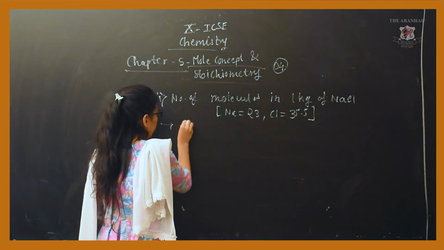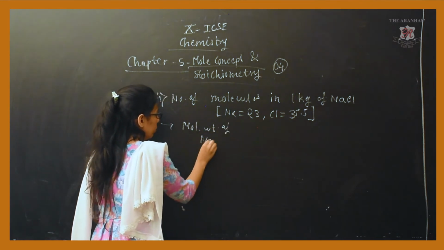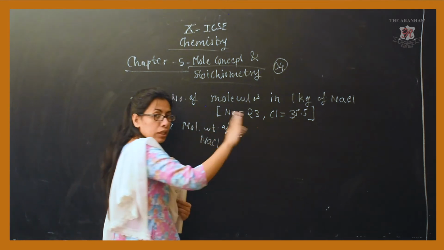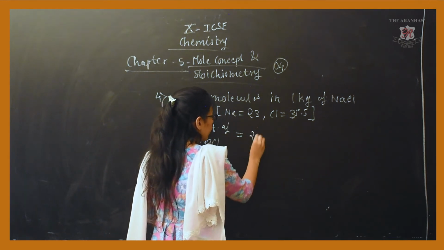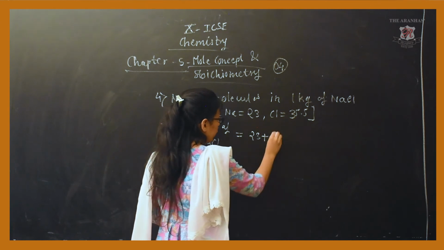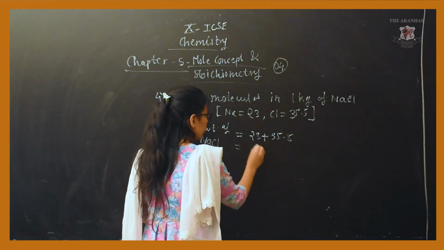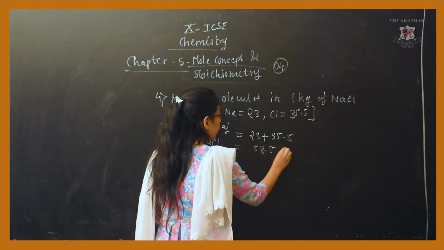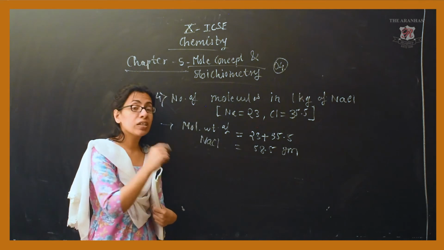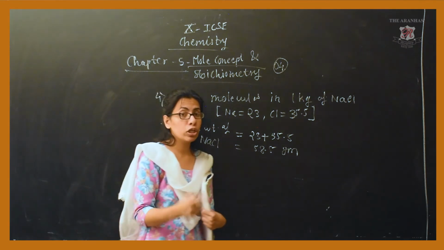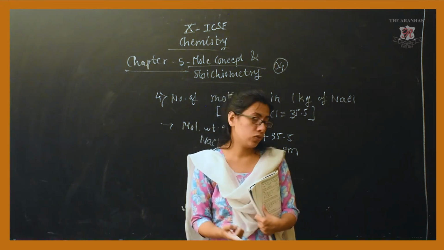So, molecular weight of NaCl is equal to the addition of atomic masses. So, Na 23 plus chlorine 35.5. That becomes equal to 58.5 grams. Whichever molecular weight you have got, this is always in grams.